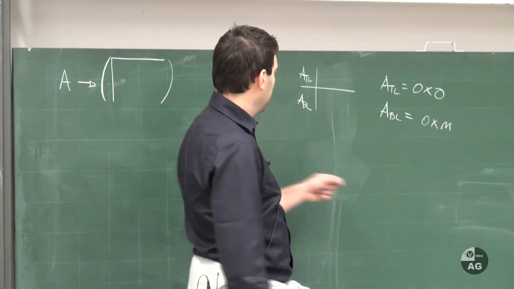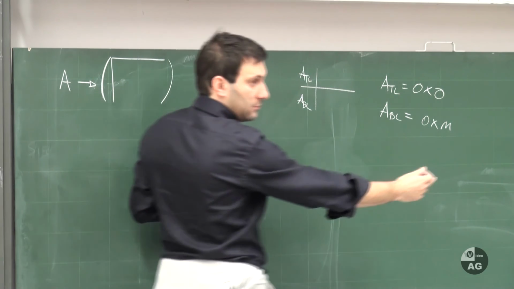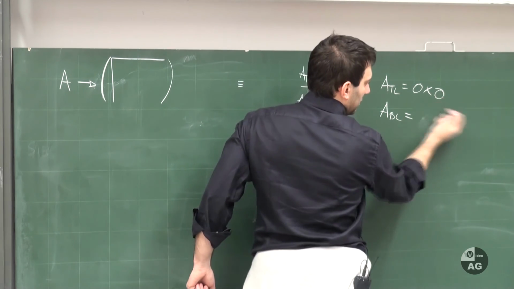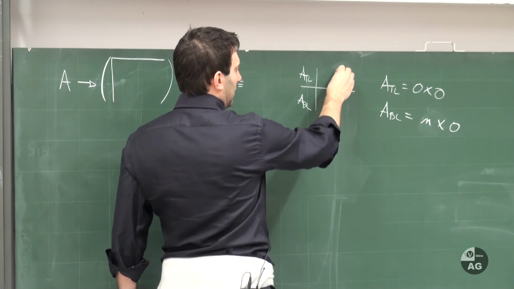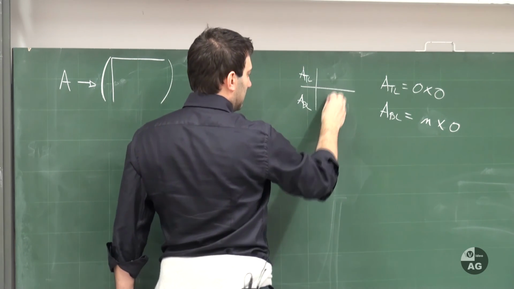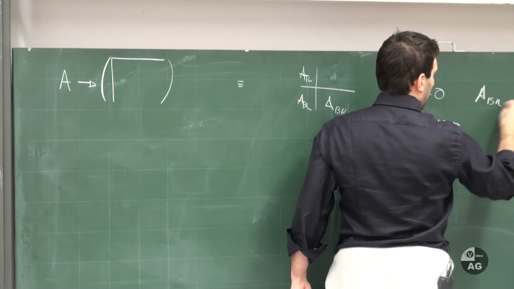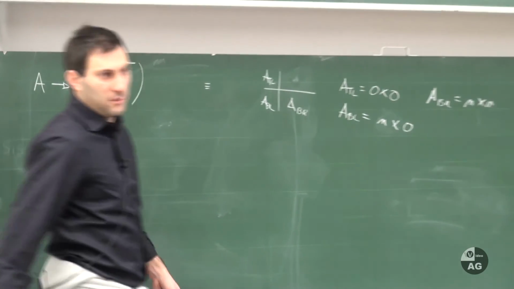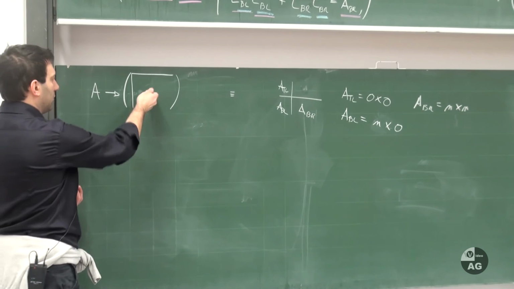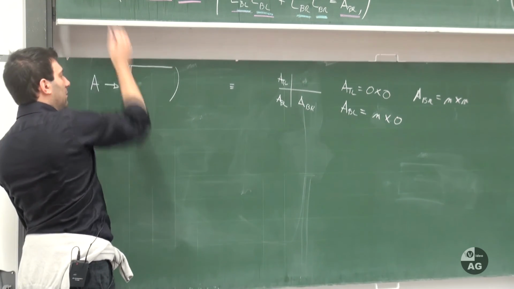Zero times n means that it has no rows and a lot of columns. Okay, so let's go the other way around. N times 0, yes. What's the size of A bottom right? It's n by n. So we have partitioned our matrix in a way where A bottom right is the full matrix. Okay, this is the beginning.